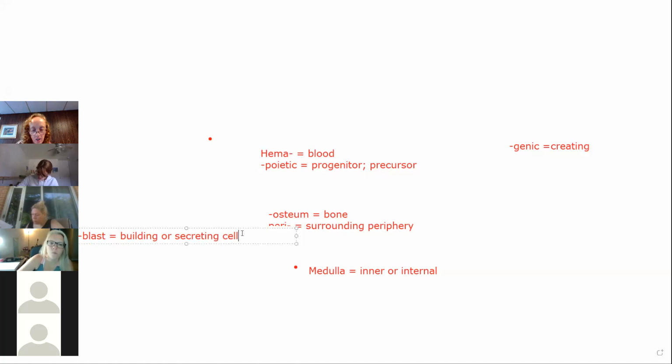Anytime that you see the word clast on the end of a word, that is a cell that is breaking things down, a destructive cell that breaks down stuff.